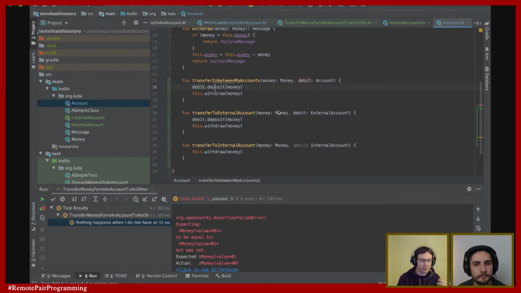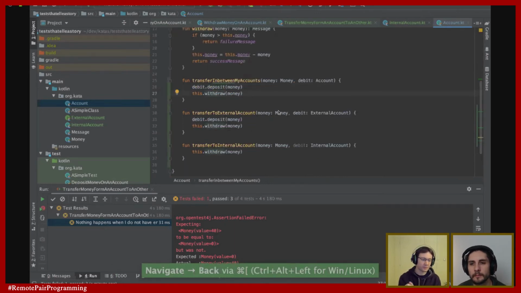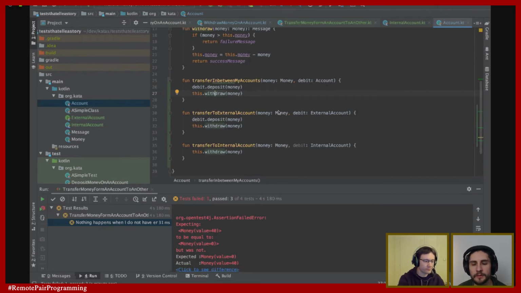We could also call the deposit method, and if it fails, then do nothing. Oh no, sorry. We should do the withdraw first. And if the withdraw fails, then we do nothing. Yeah, I think that's nicer.